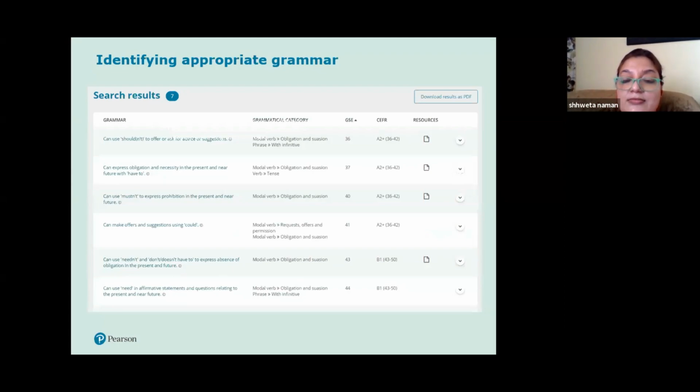So this is all the GSE and the CEFR aligned to the can-do statements or the learning objectives.